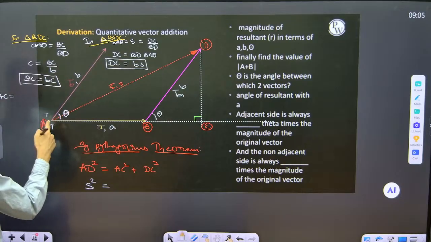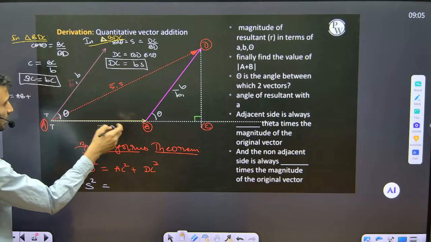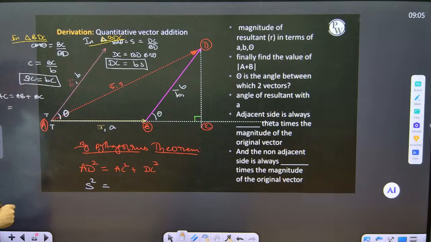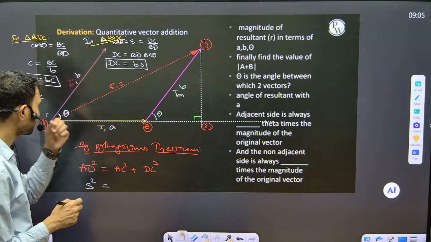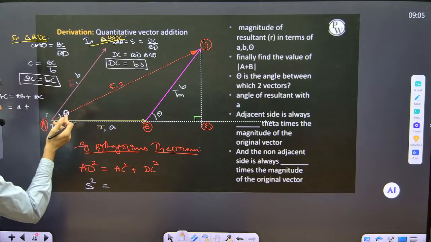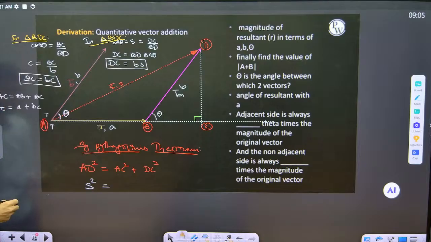AC is nothing but AB plus BC, right? And how much is AB? AB is A, plus BC, and BC is BC, that is AC equal to.